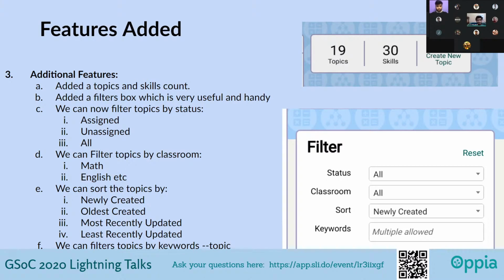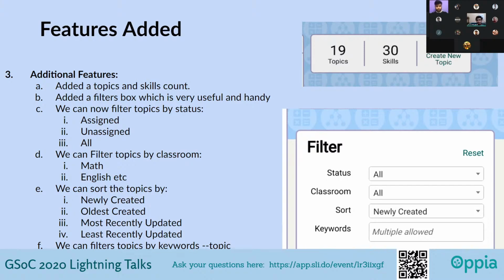Some other features that have been added to the topic dashboard are now that it shows the entity counts, like we have 19 topics and 30 skills, and a create new topic button. And also I have added a filter box, which was difficult to add since it is a lot of functionality, but now we can filter the topics according to the status, like whether they are assigned to a classroom or unassigned.